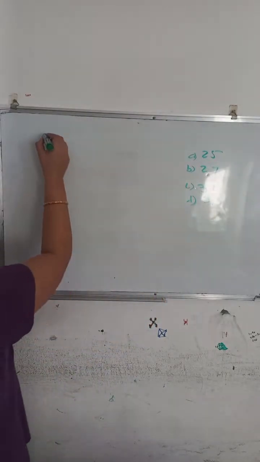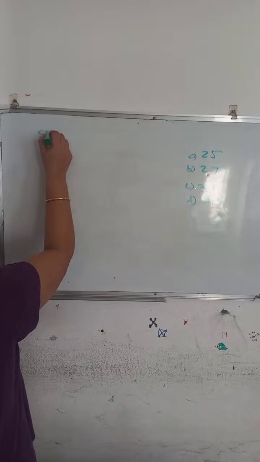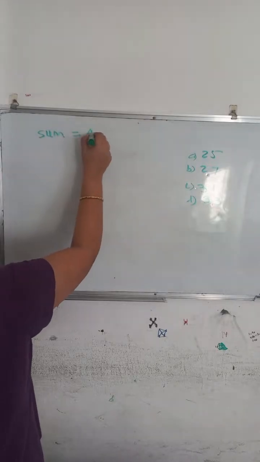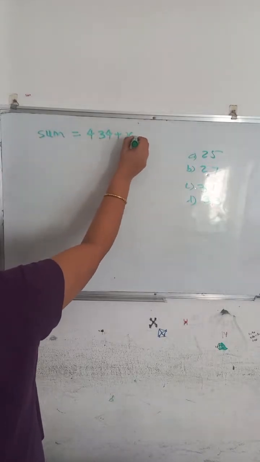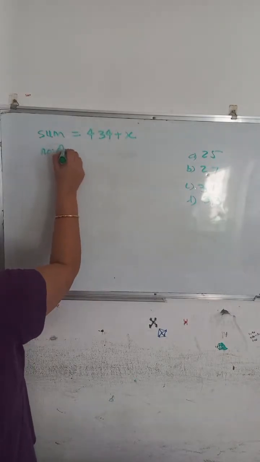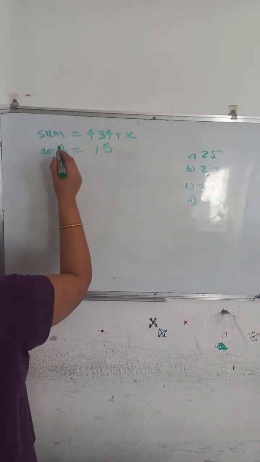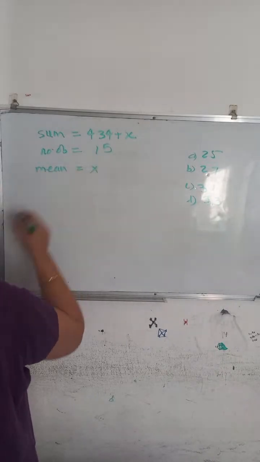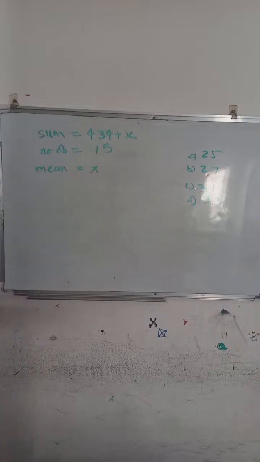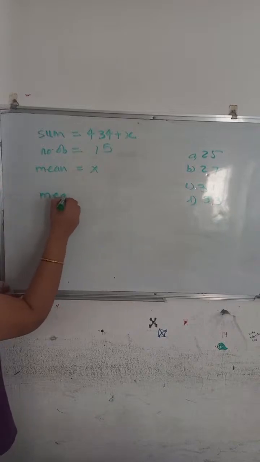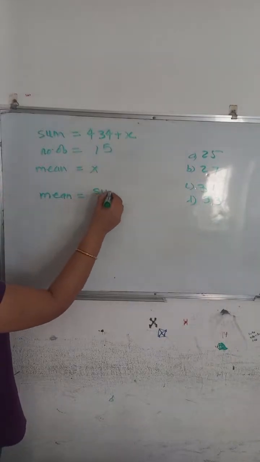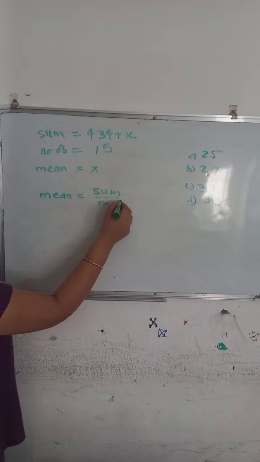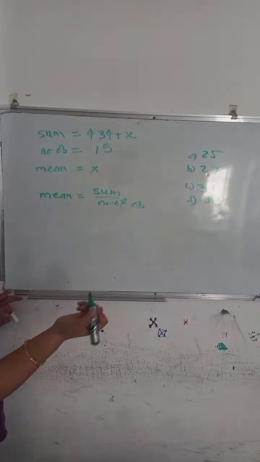Okay, so here the total sum is given. Sum is given how much? 434 plus x, and the number of observations is given as 15. And the mean is given how much? x. So they are asking us to find the value of x. We know that mean is equal to total sum divided by number of observations. You should know this is the average value.